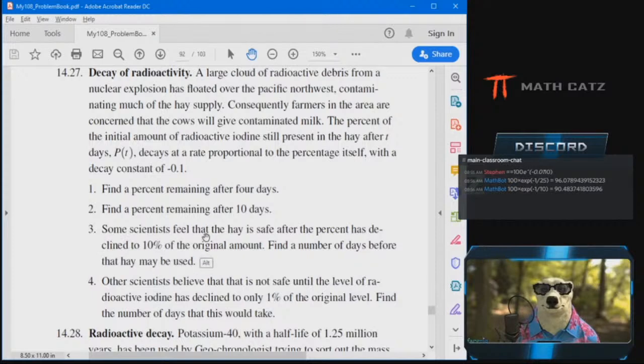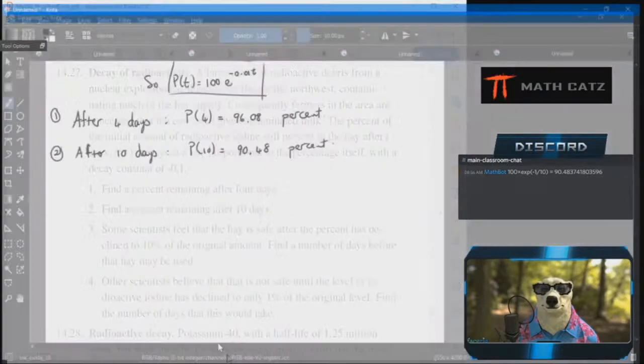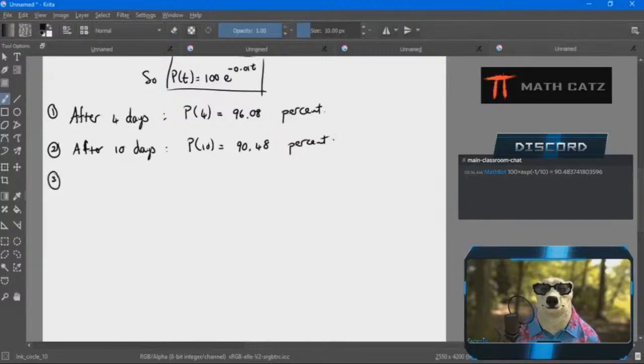Number 3. Some scientists feel that the hay is safe after the percent has declined to 10% of its original amount. So now P is 10. Find the number of days before that hay may be used. So now I want to know in number 3, when is P equal to 10?